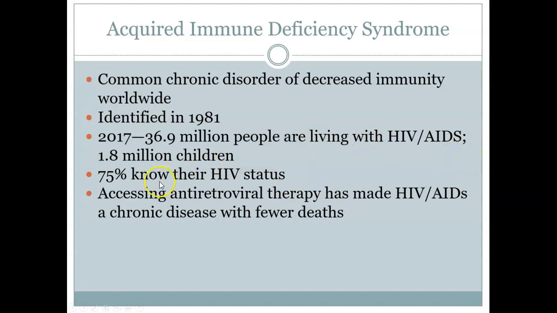So 75% of the population know their HIV status. And like I just mentioned, access to antiretroviral therapy has made HIV and AIDS more of a chronic disease than a disease where death is the common end result.